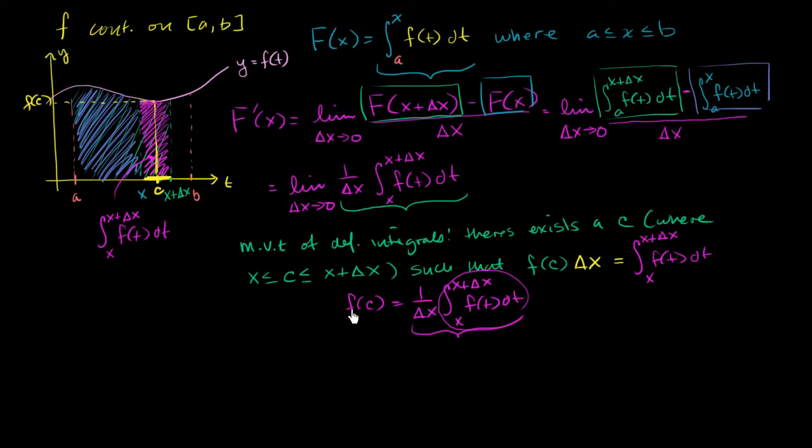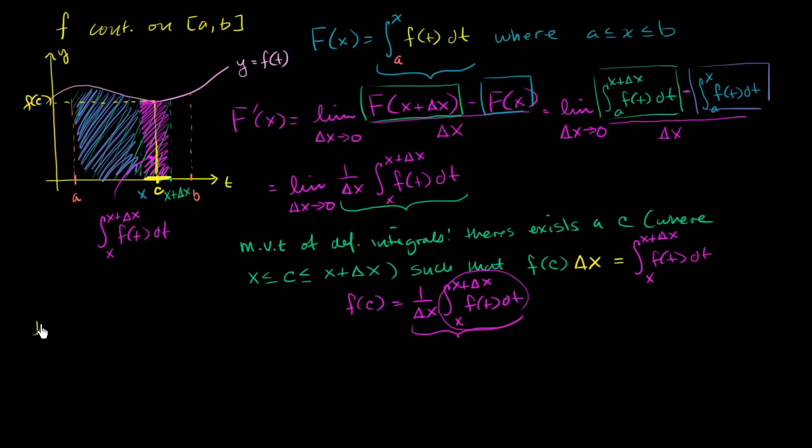Well, this is useful because this is exactly what we got as the derivative, F prime of x. So there must exist a c such that f of c is equal to this stuff, or we could say that the limit, and let me rewrite all of this down in a new color.